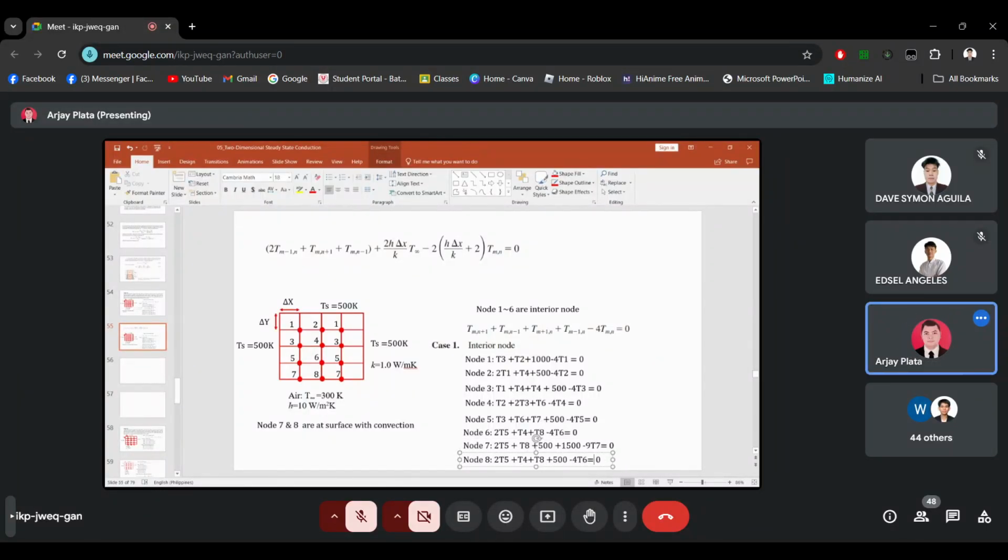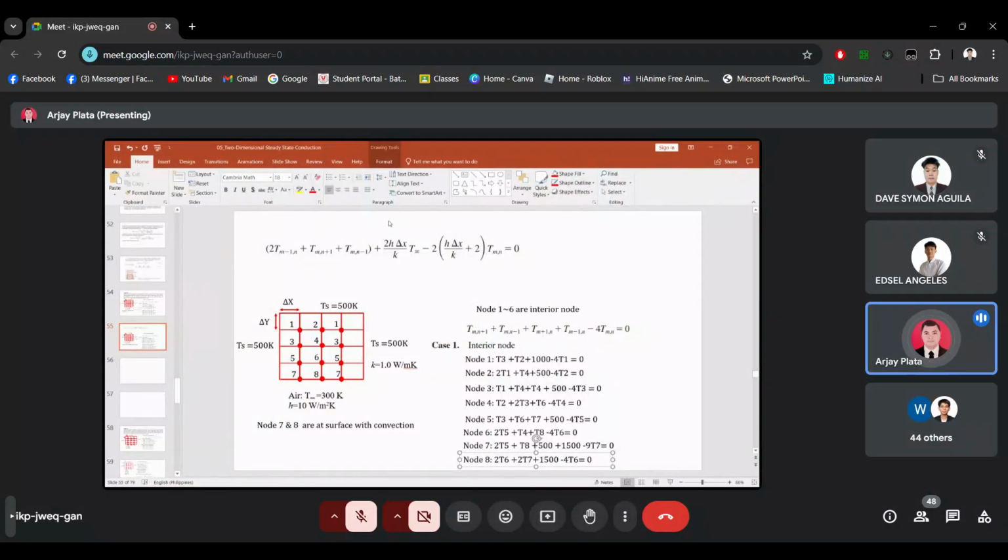So for node 8, this is our node 8. So 2 times T(n+1) is 2 times T6. 2T6 plus 2T7, plus 2T7 plus 15.